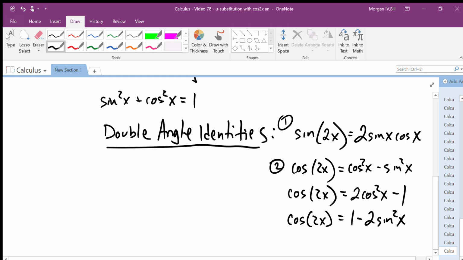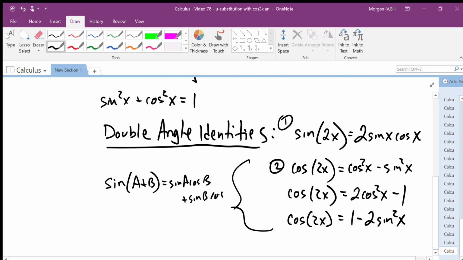You should know those. You need to go back and remember them and learn them and walk through the process there. We got those double angle identities using the sum and difference formulas. The sine of a plus b, if you remember, is sine a cosine b plus sine b cosine a. And for the double angles, instead of a plus b, we did a plus a.